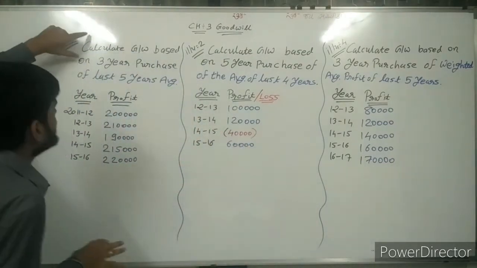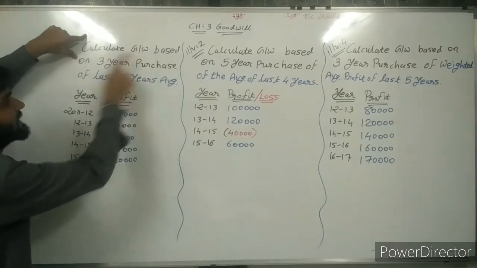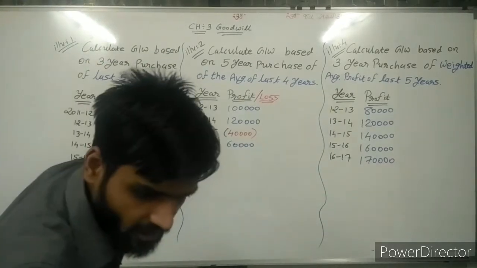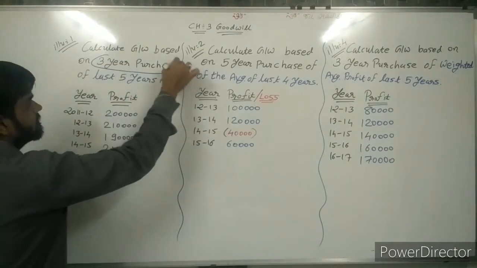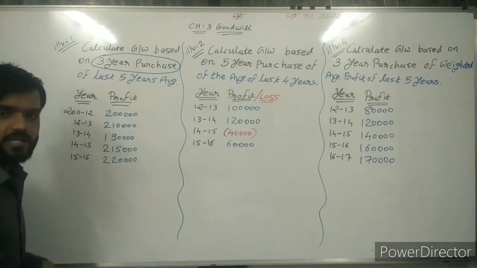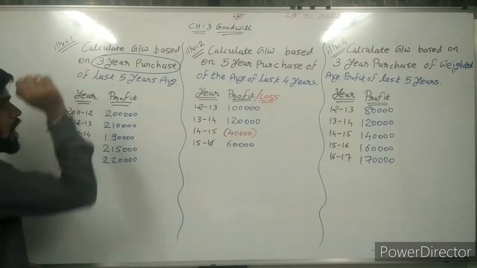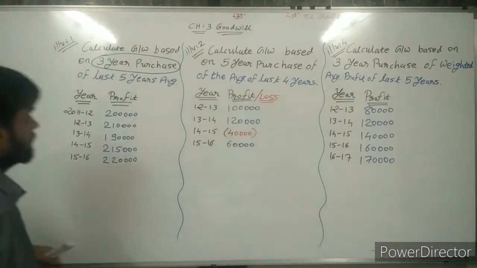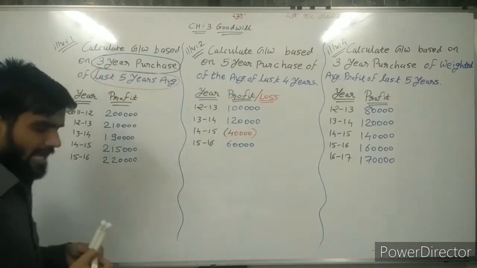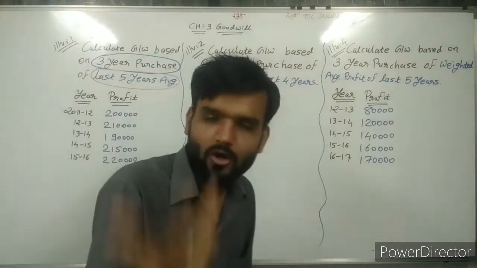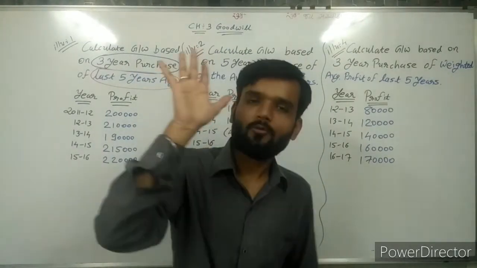So first, read the question. Calculate goodwill based on 3-year purchase of last 5-year average. Now, last 5-year average of what? Simple: profit, because goodwill is calculated on the basis of profit only.